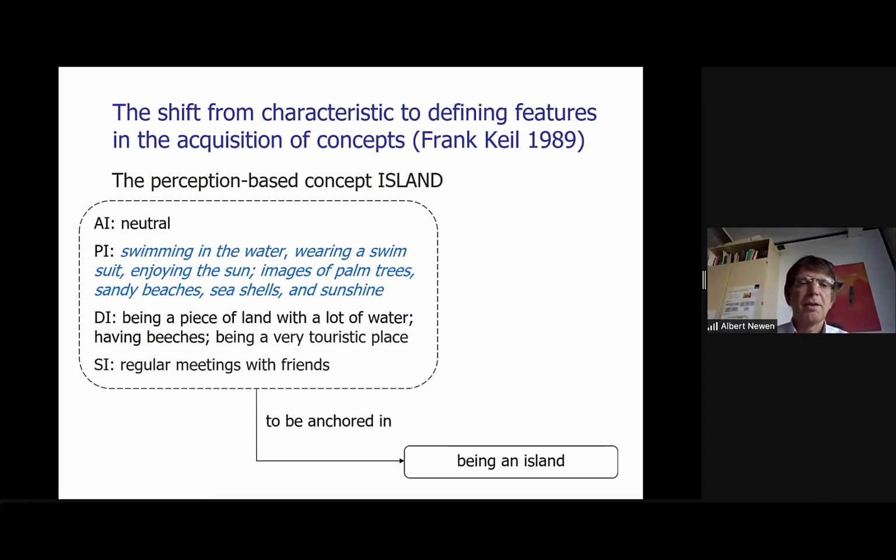If we have the concept of island and now focus on the perceptual information, and the descriptive information of a 3-year-old, then the perceptual information may be in the foreground, that you can swim, you enjoy the sun, you have palm trees and sandy beaches and so on. And these are the constitutive information in the sense it is used to recognize an island.